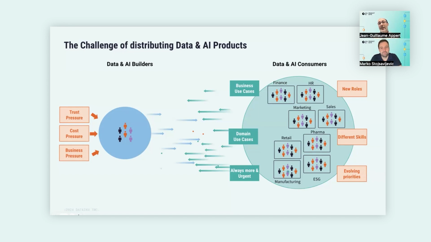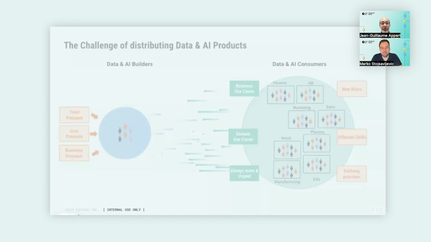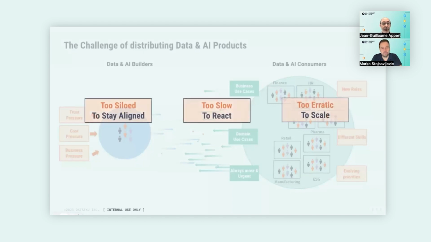And on the other hand, you have the data and AI consumers that are many different domains, different business teams. There are new roles, new people that are interested in it. So there is a lot of pressure in terms of trust, in terms of cost, in terms of a timeline where the business case has to be delivered fast.